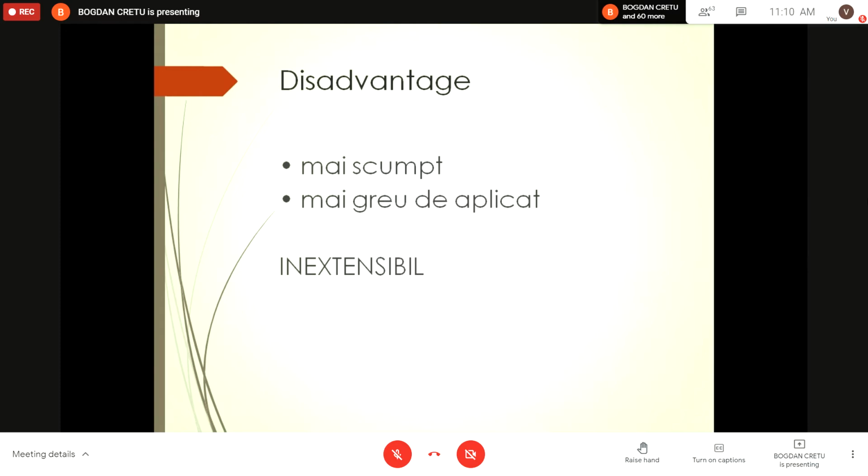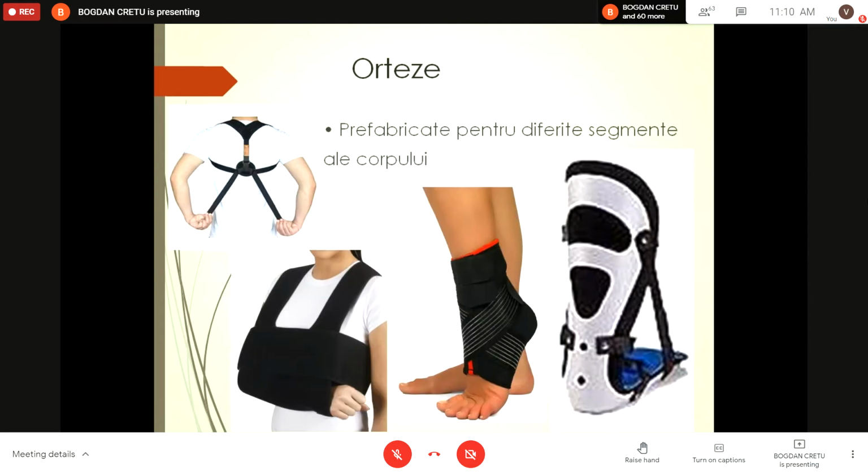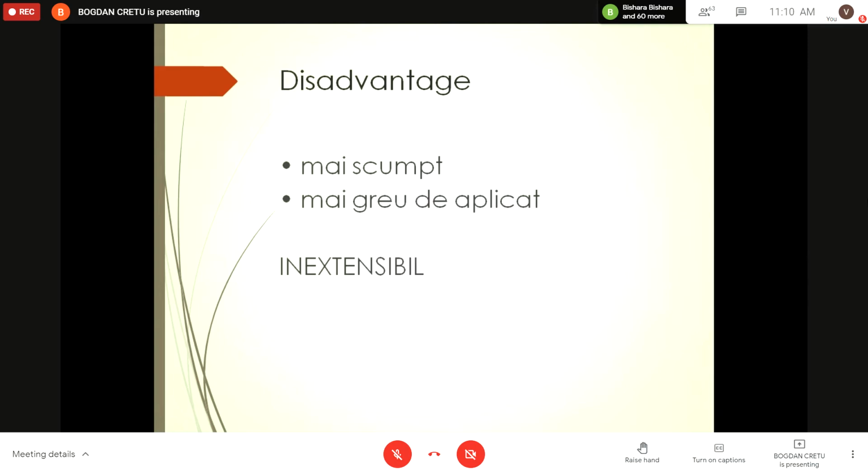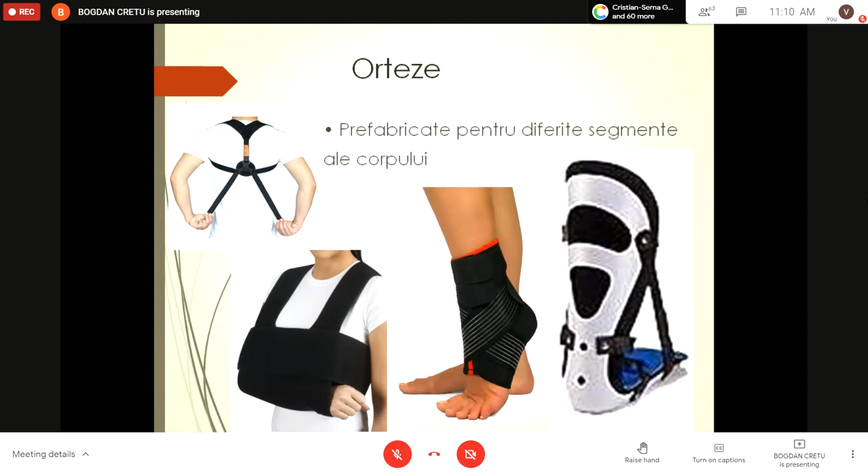And of course, it's not extensible. So the limb immobilized with fiber bandages would not be able to swell anymore. The orthotics are prefabricated for different segments of the body, as you can see in the images.